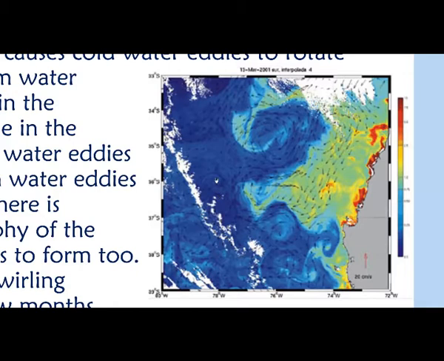So you can see some part. There are eddies. Ito, you can see. So nakita nyo, paikot siya, no? But of course, you cannot see it clearly because this is a satellite image.